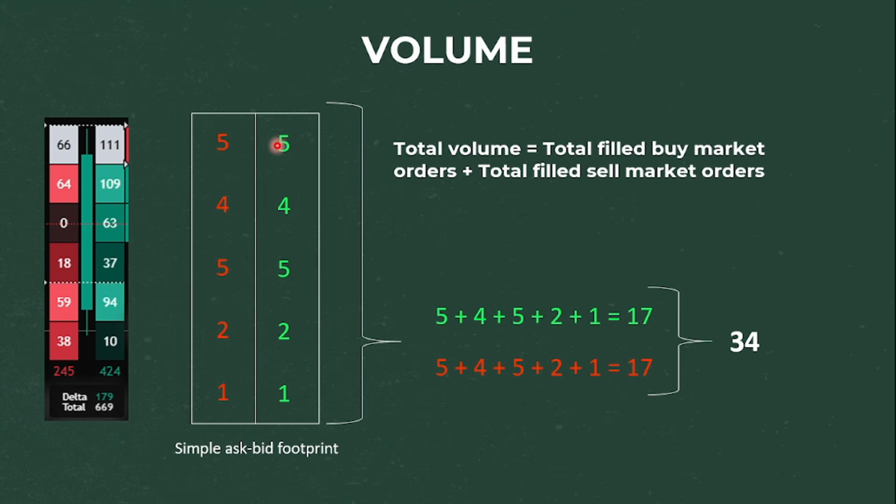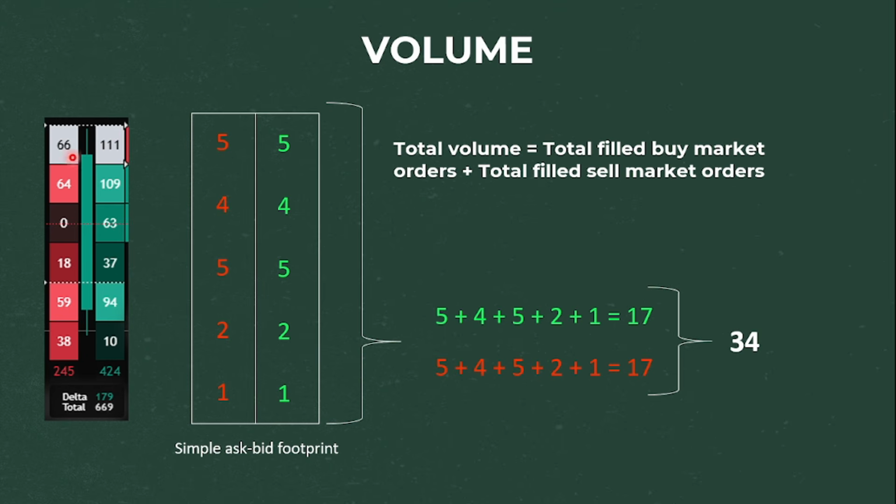Firstly, we have to find the sum of these buy market orders executed: 5 plus 4, 5, 2, 1. This is 17. After that, we find the sum of the sell market orders executed by buy limit orders at the lower prices. The sum of these is also 17, and the total volume will be 34.